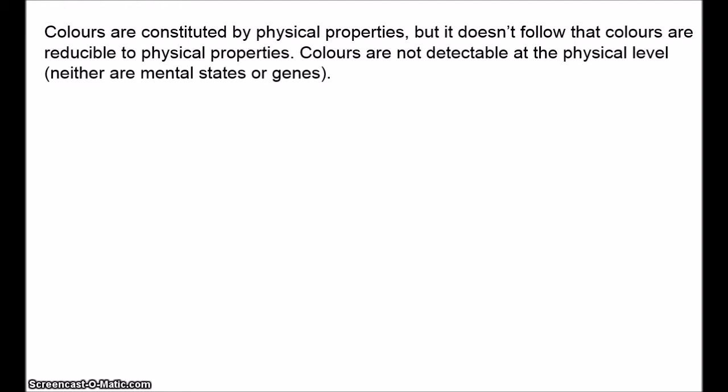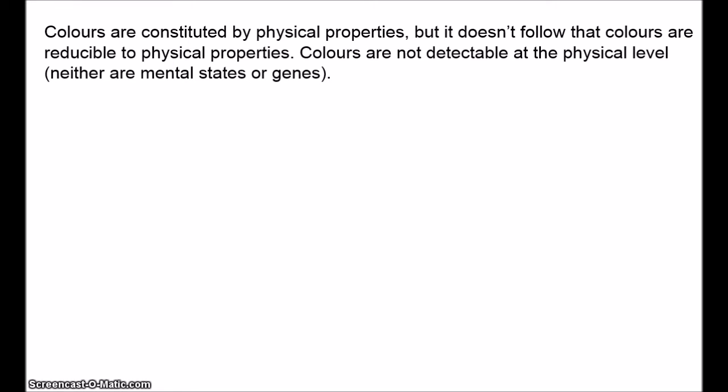Furthermore, colours are not detectable at the purely physical level, and this is why we can't expect physics to make any mention of colours. It's not that physics is deficient, it's just that colours are not detectable at the level physics deals with. When we focus our attention exclusively on physical properties, we don't find any colours there.